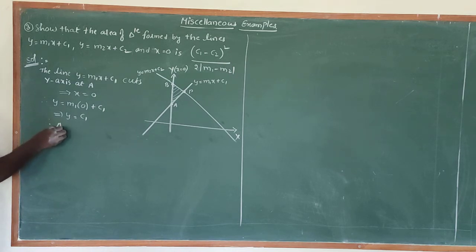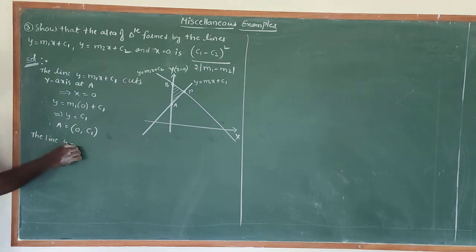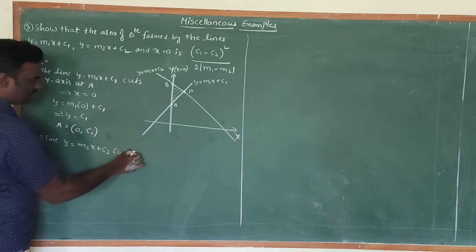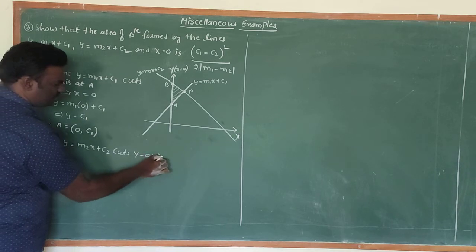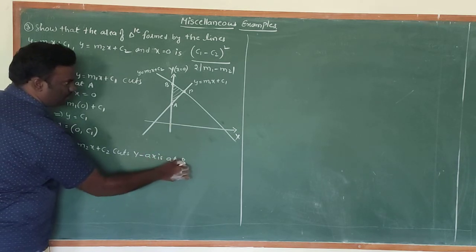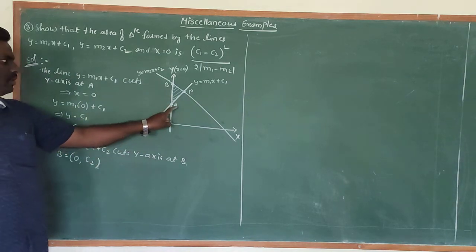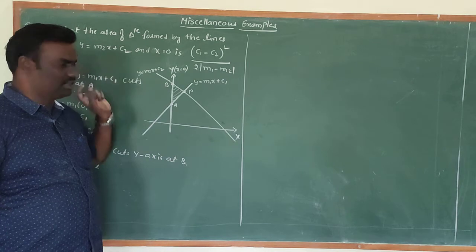Therefore, the point A is (0, c1). Similarly, the line y equals m2x plus c2 cuts the y axis at B. Same method you can apply, then B you will get (0, c2). So finally we got both A point and B point.